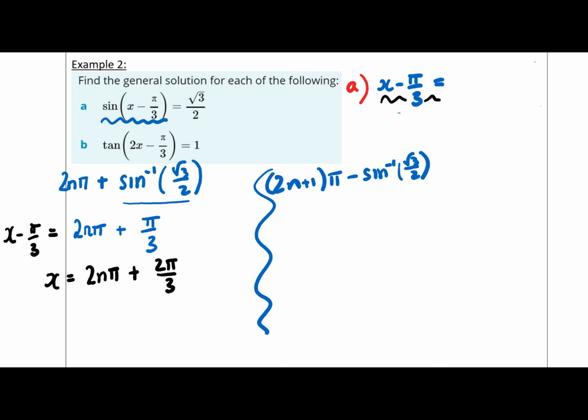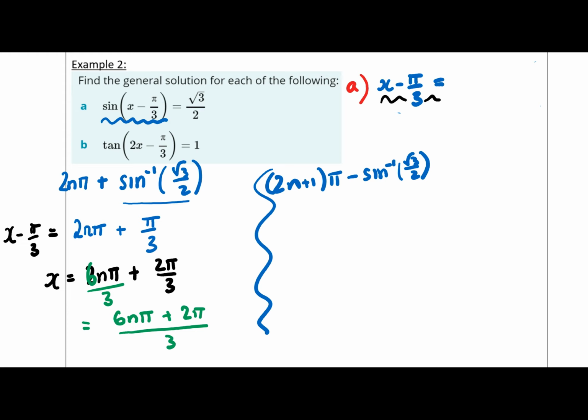In order to get this all over one denominator, this 2 could become a 6 over 3. And so I end up with 6n pi plus 2 pi over 3.